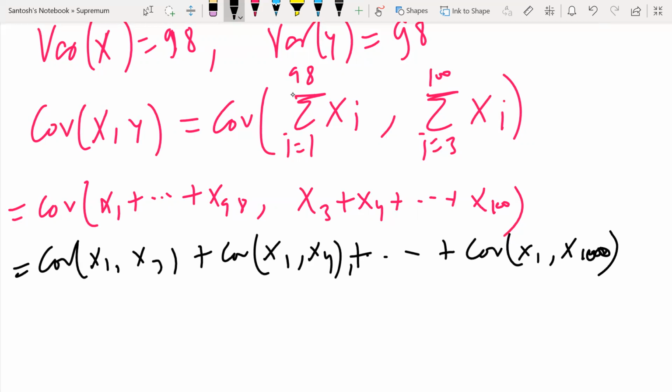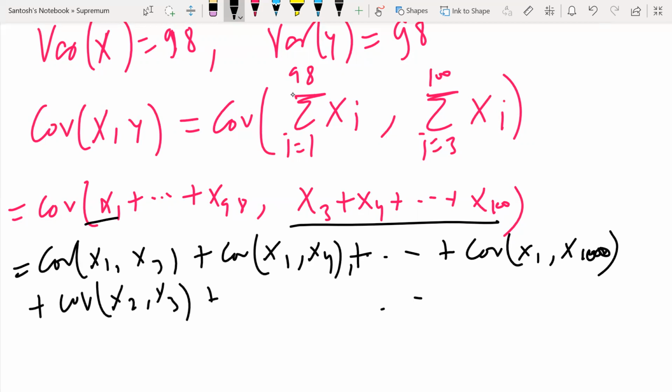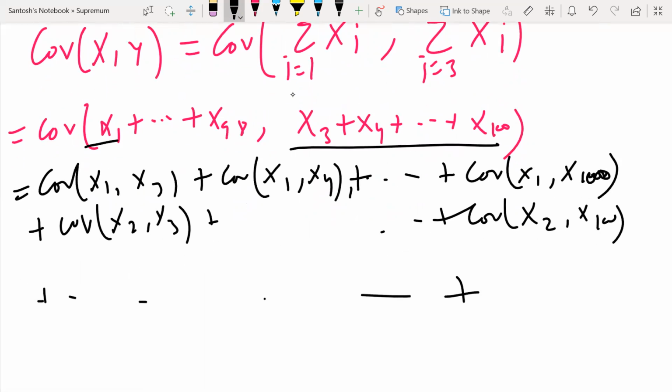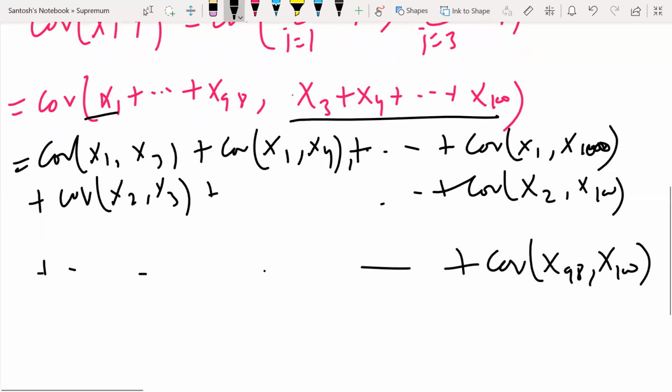Similarly covariance of x2 x3, going till covariance of x2 x100. It keeps going, and the last term will be covariance of x98 comma x100. There are 98 into 98 terms in all.